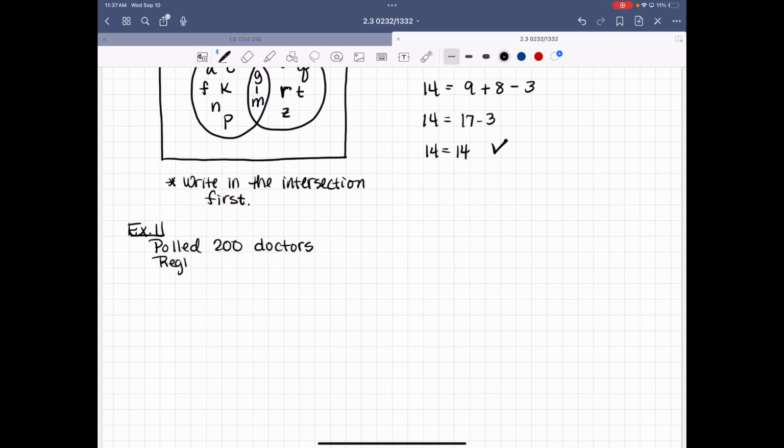Registered nurses helping. That's what it is. There were 112 of them, okay? In 112 offices, those doctors had only registered nurses helping them. Then, in 83 offices, they had nurse practitioners.